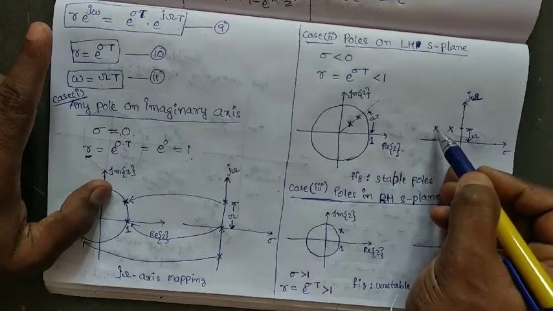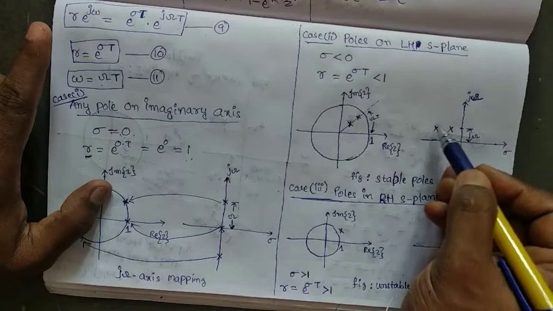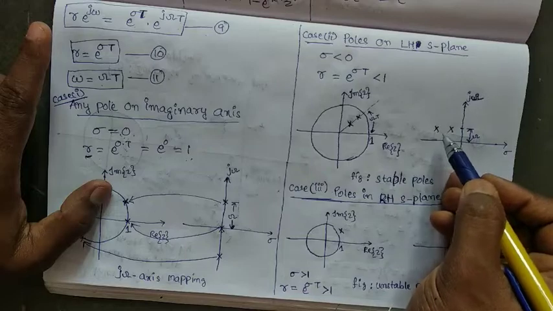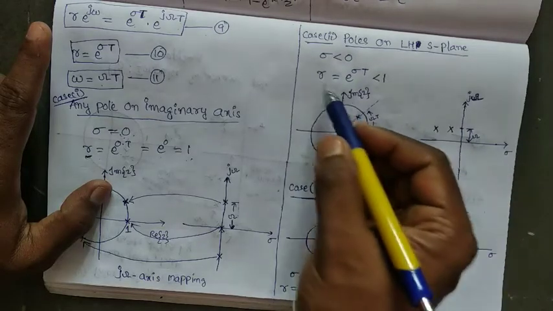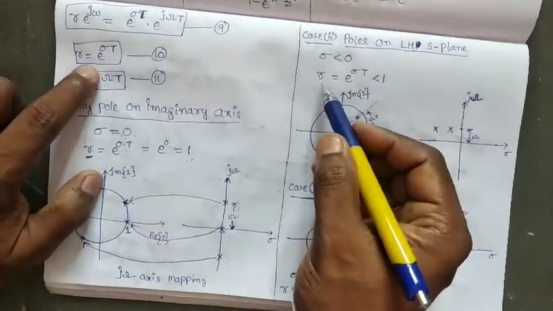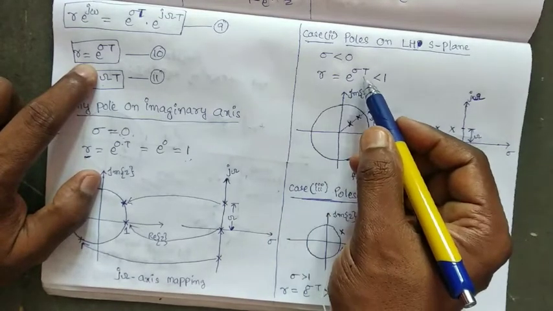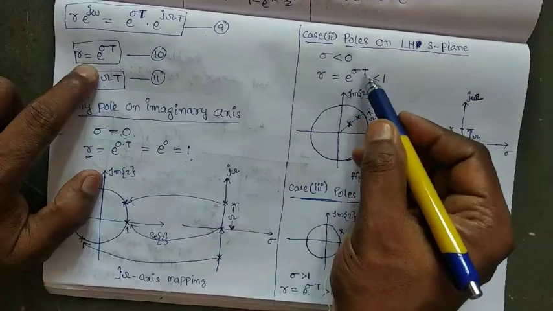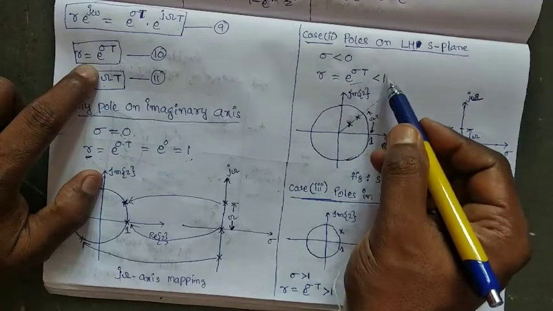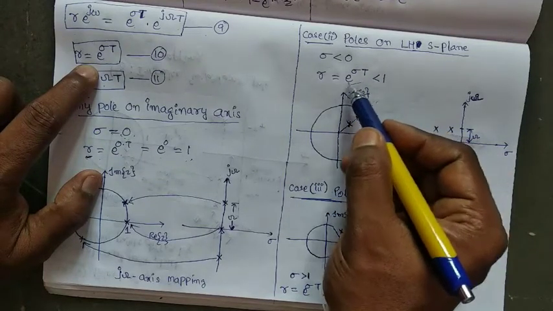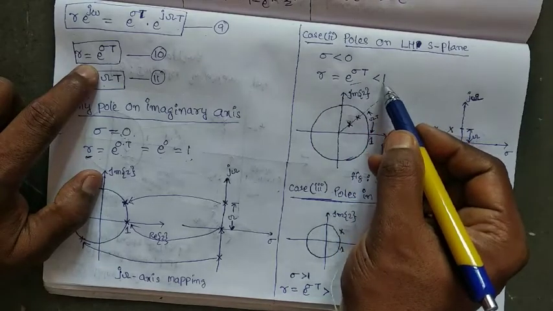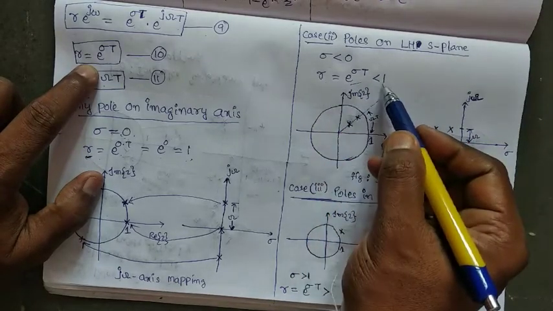Let us consider two poles located in the left half S plane. Sigma is less than 0, and we calculate R from equation 10. R is equal to e power sigma t. This value is less than 1, which means R is less than 1.